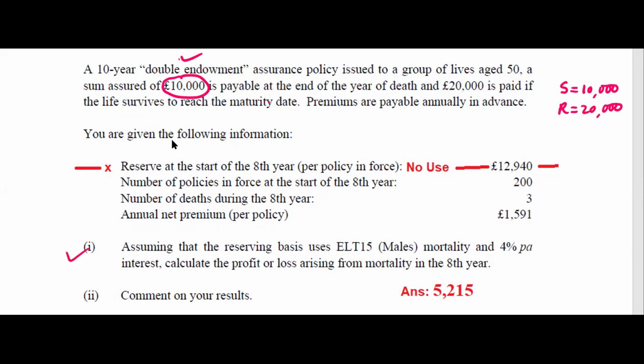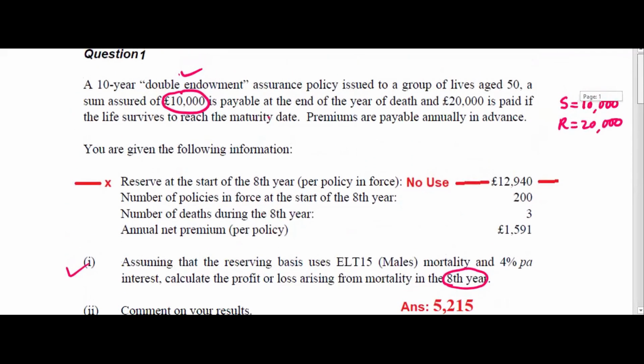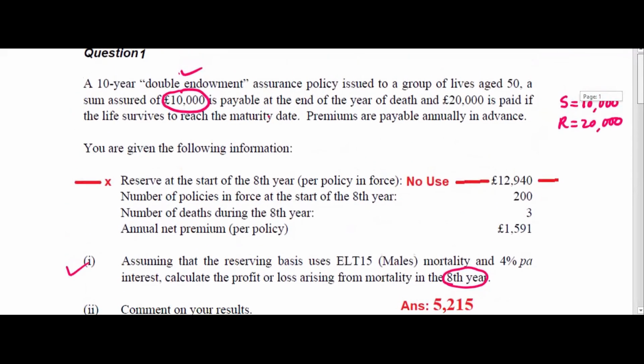See what you need to do here. Assuming that the reserving basis uses this mortality, you can see the table, 4% per annum interest. Calculate the profit or loss arising from mortality in the 8th year. Now, if you want to find during the 8th year, it's a 10-year double endowment.